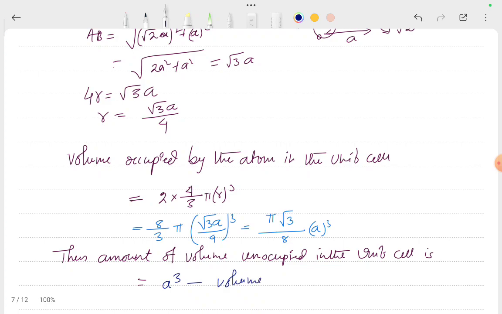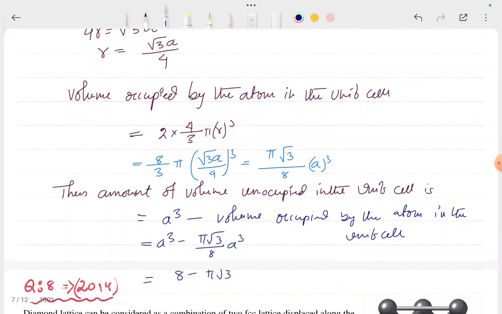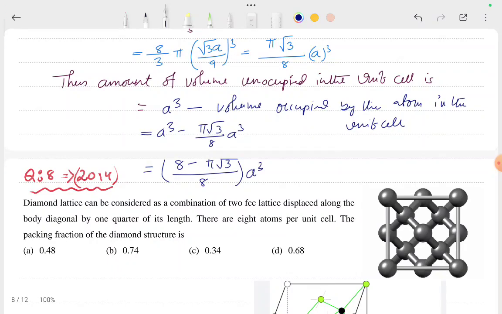That is equal to A cube minus pi root 3 upon 8 A cube, and this is equal to 8 minus pi root 3 by 8 into A cube. Okay, this is your answer.